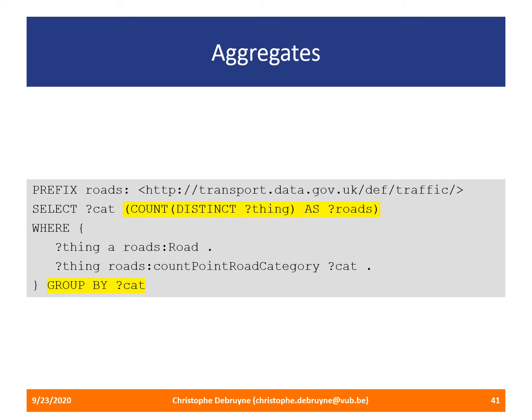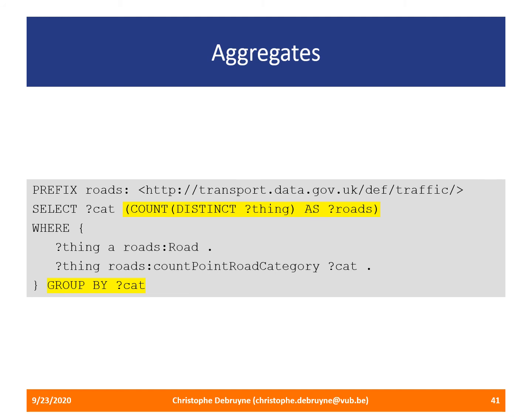Projections are often used together with aggregates. Much like SQL, you can group solutions by certain variables so that you can compute averages, minimum, sums, and whatnot, even sample. And in this particular case, we're looking for things that are of the type road, and we also know that roads have a particular category, count point road category.